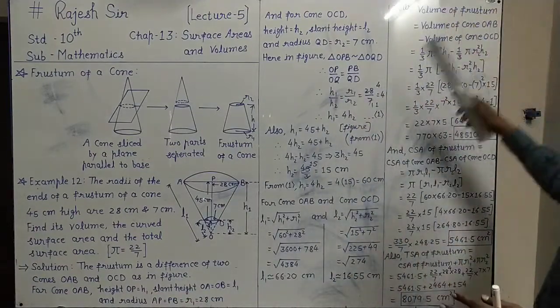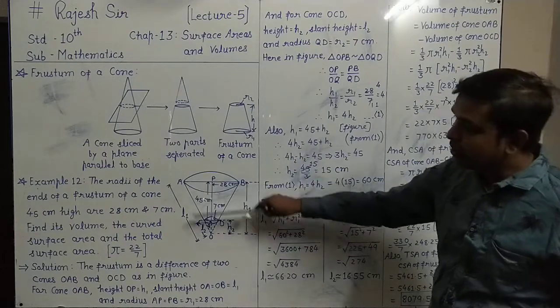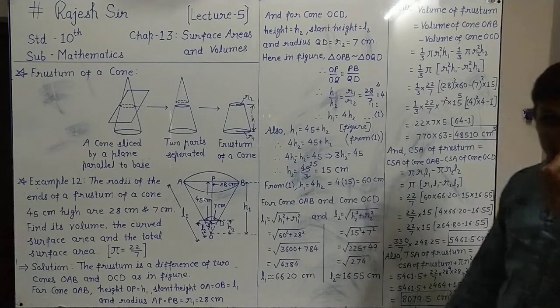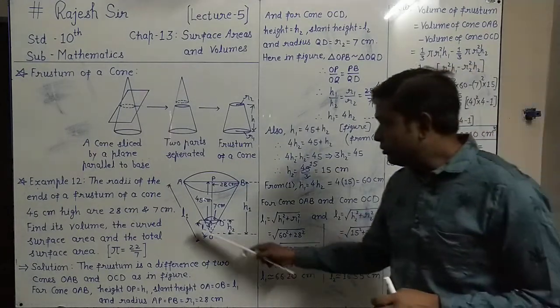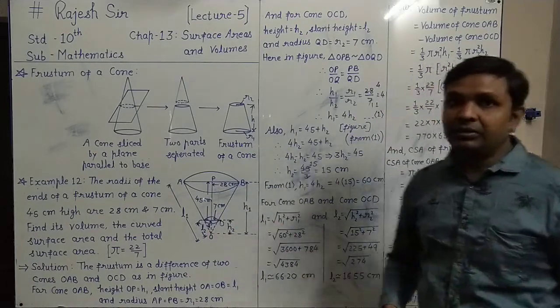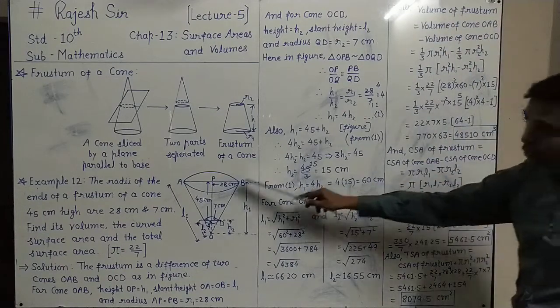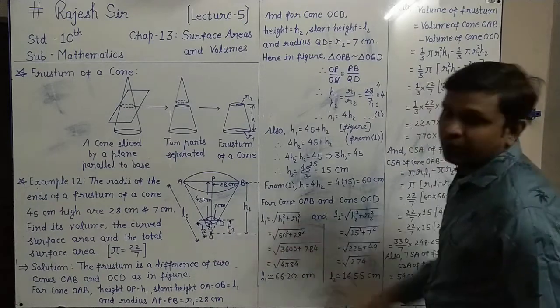So the volume of the frustum equals the volume of the full cone OAB minus the volume of the smaller cone OCD. If we take the difference of the full cone and the part cone, we get the remaining frustum.